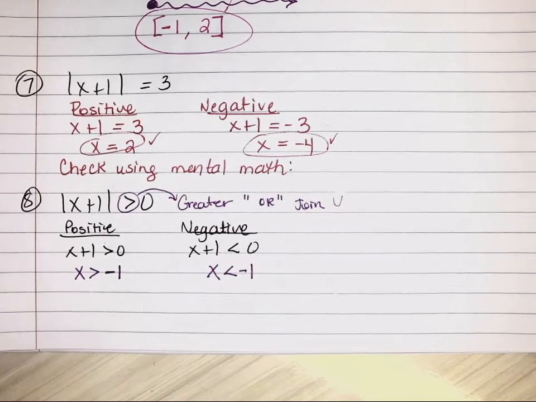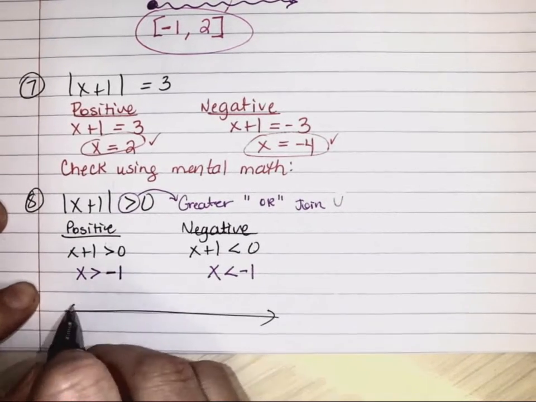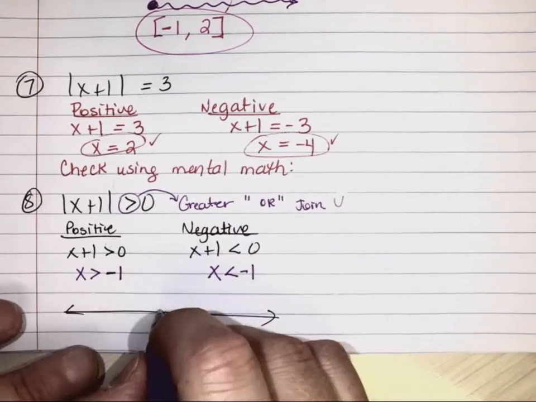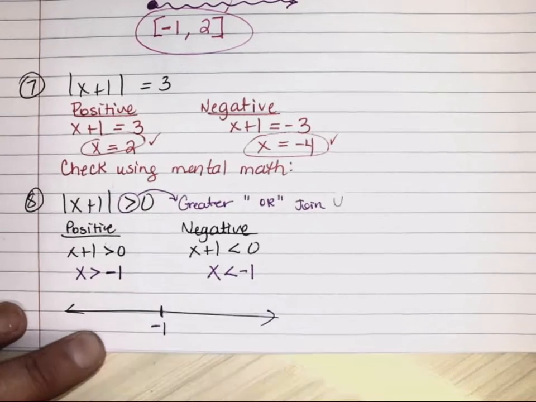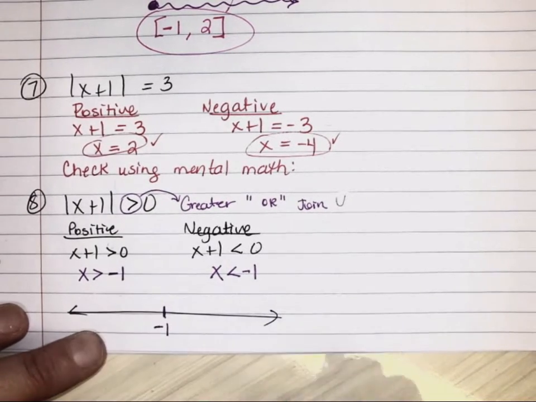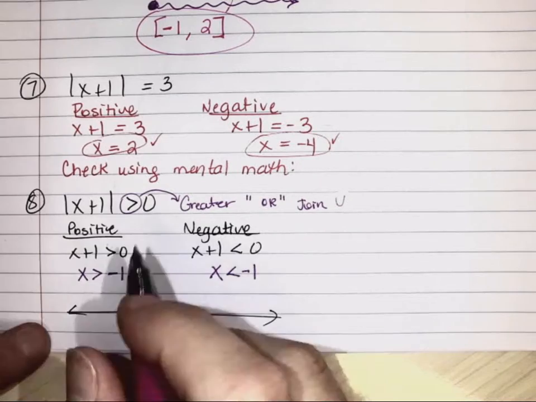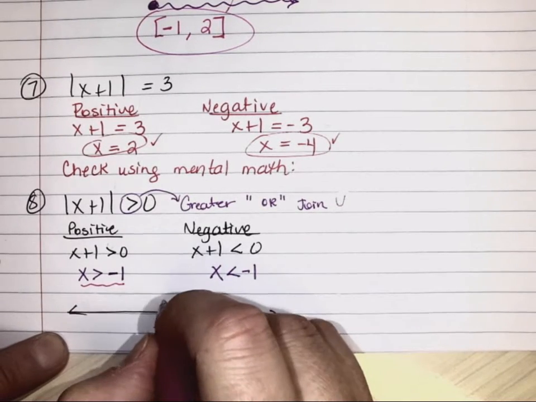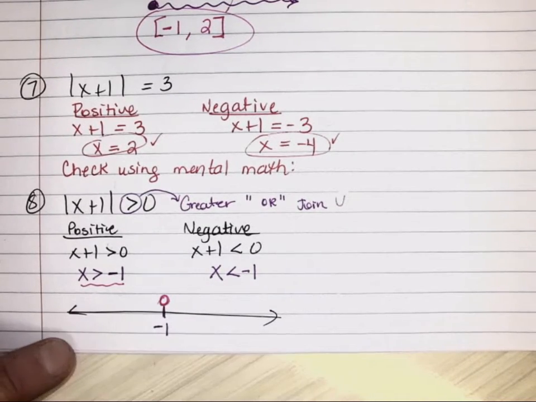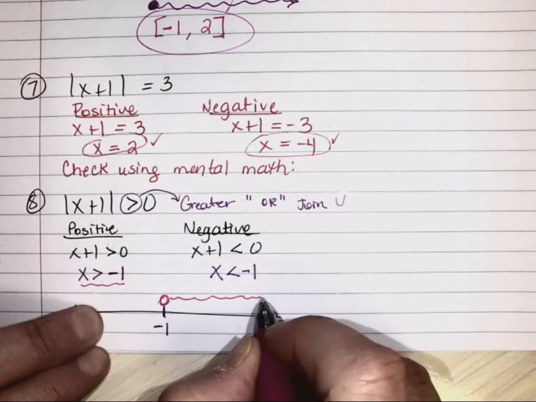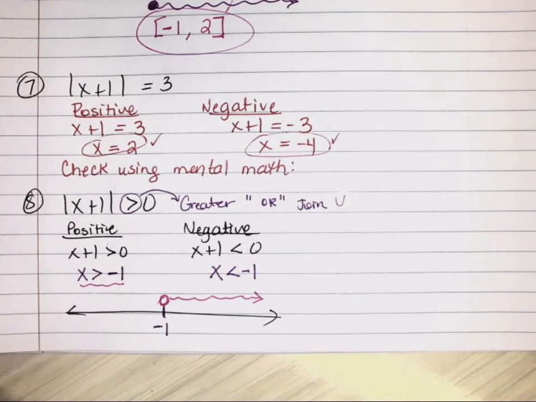When you plot those solutions on the number line, notice the only number you have in both cases is -1. So for this particular piece here, I've got an open hole at -1. It's shaded to the right forever.